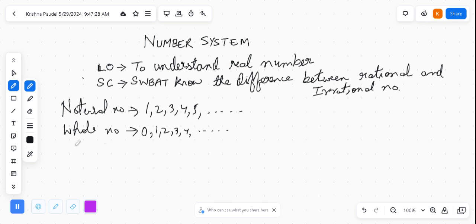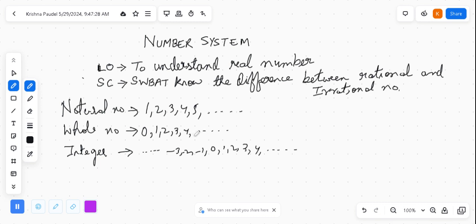Now again, one more number system we learned in our lower class is integers. Integers were all the negative numbers combined together with whole numbers. So all the negative numbers and the whole numbers give rise to integers.